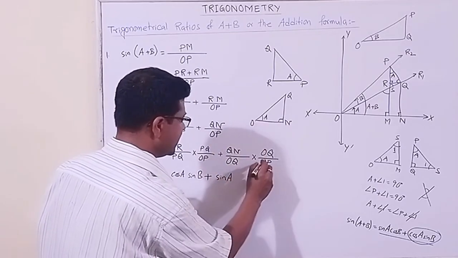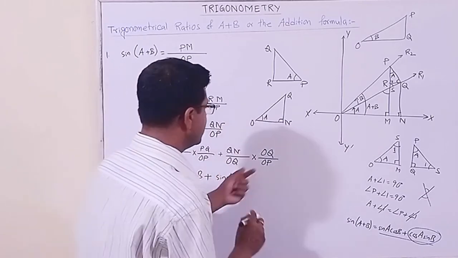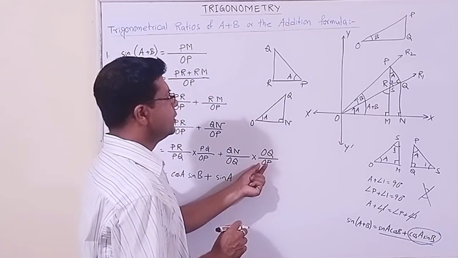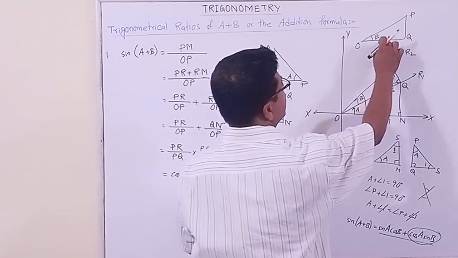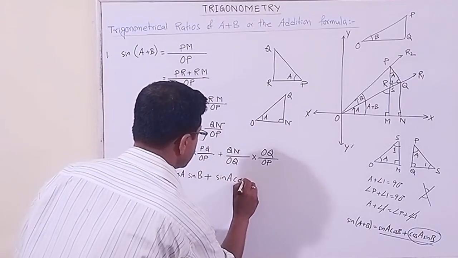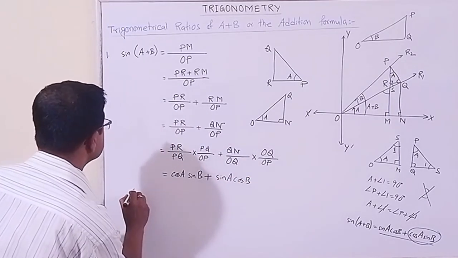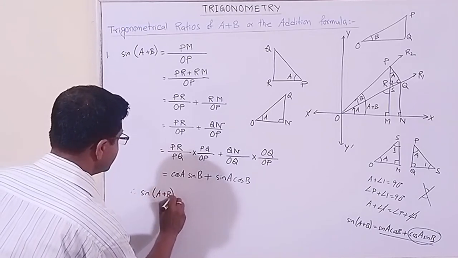A. Then we are getting this term. Now this must be cos of B. OQ by OP, base by hypotenuse, so it is cos of B. Therefore you see the proof is so easy, but the figure you have to remember.